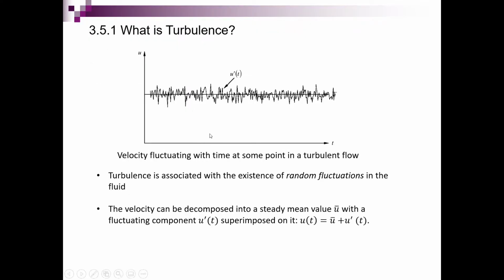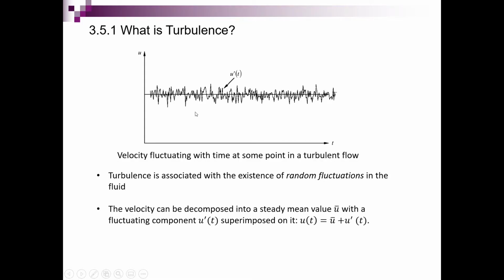This figure shows the velocity fluctuating with time at one particular point in a turbulent flow. With respect to time, this u prime(t) represents the small fluctuations, where you can see that it is very random and fluctuates quite a lot around this u mean.